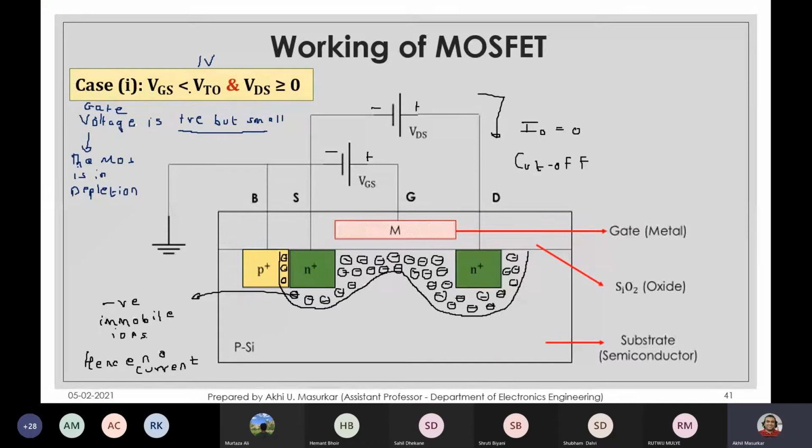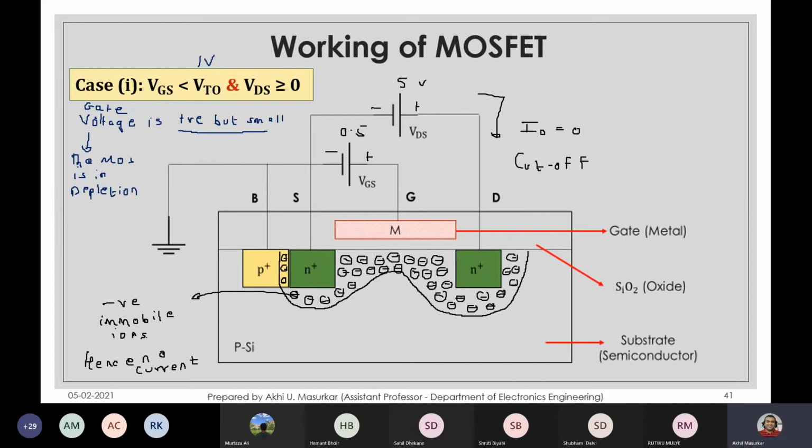So case 1, when VGS is less than VTO and whatever may be the value of VDS, let's say 5, this is 0.5. So channel is not formed, so there is no connection between drain and source. And since there is no connection, even if you apply some voltage, the current is not going to flow because technically there is an open circuit between drain and source.